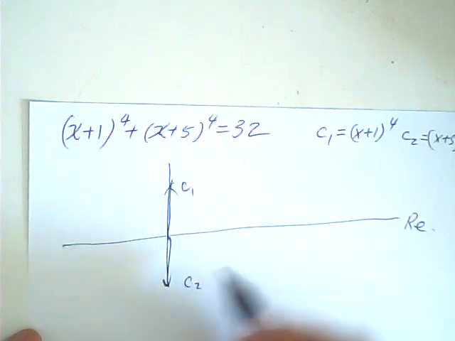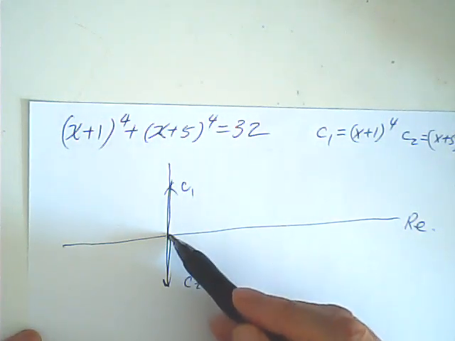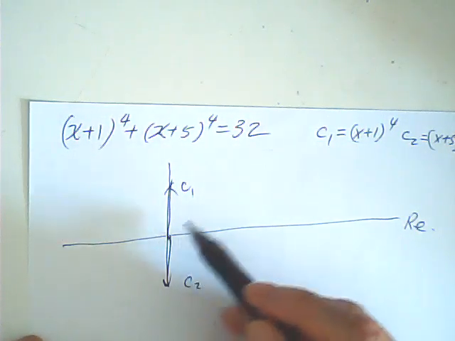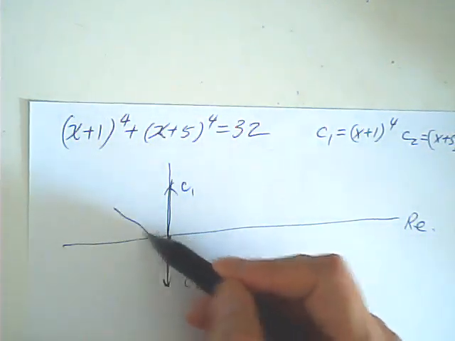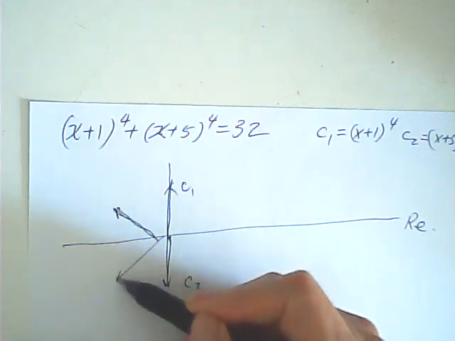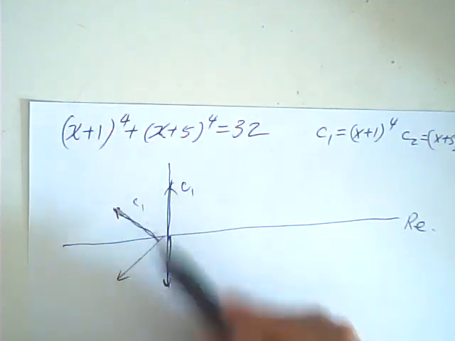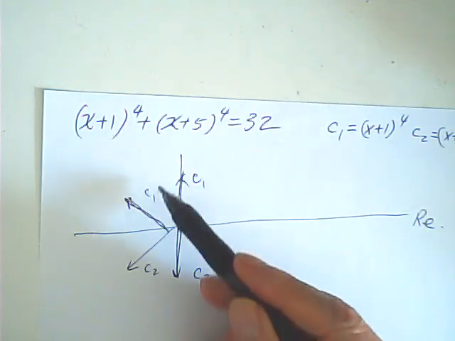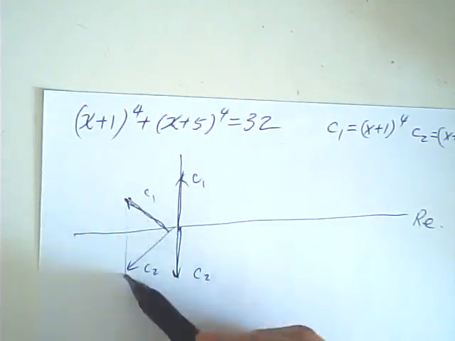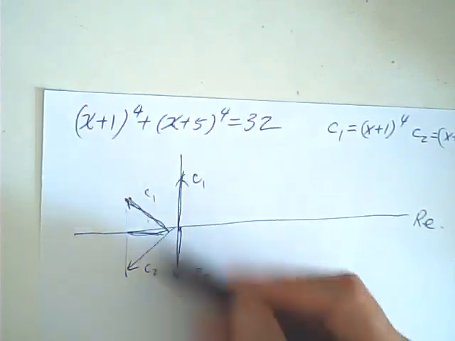C1, C2, this is not possible because the sum of the real part is 0. It's not 32. This is C1, this is C2. The imaginary part is 0, but the real part is negative. So this is not good.